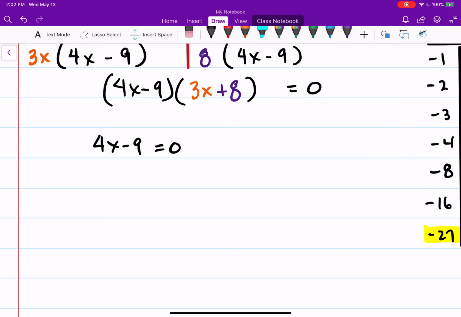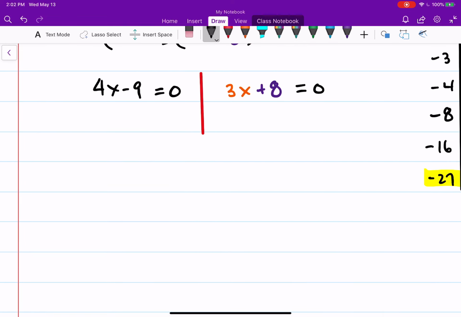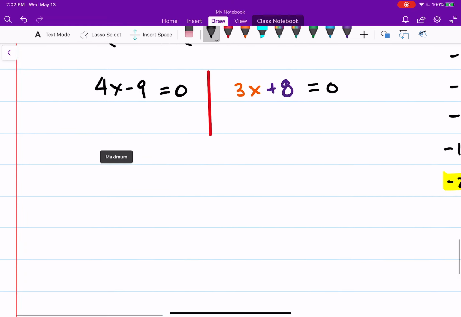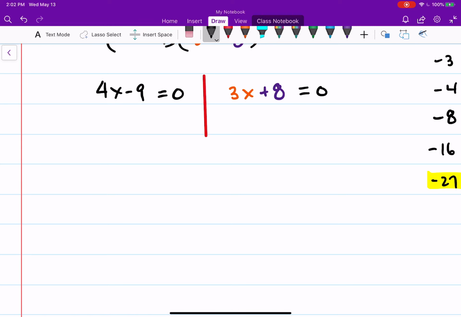And I'm going to take the 3x plus 8 and set that equal to 0. And I'm going to solve for x. So what do I have to do here? I have to add the 9, and then divide by 4.